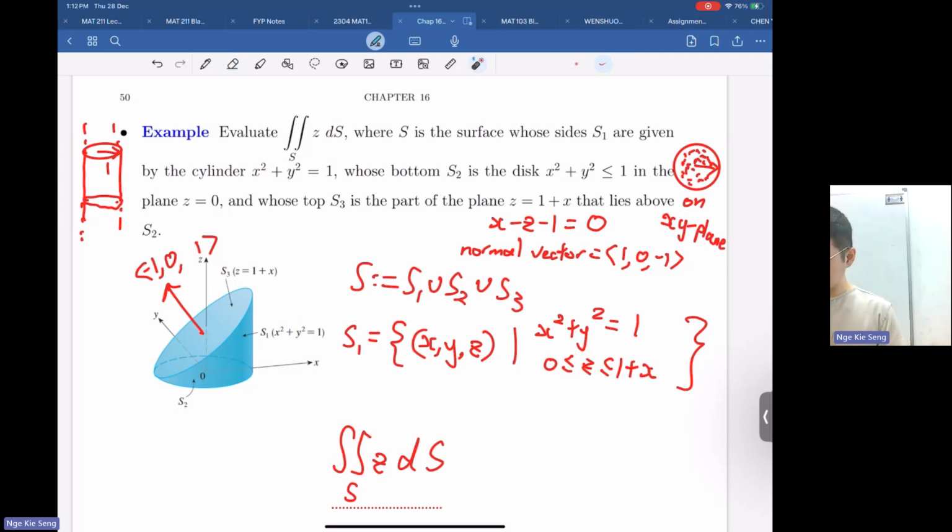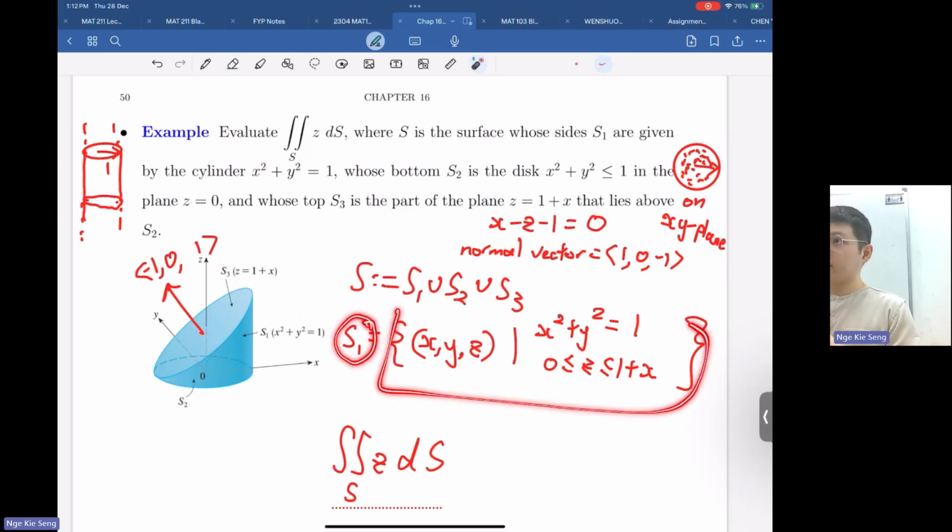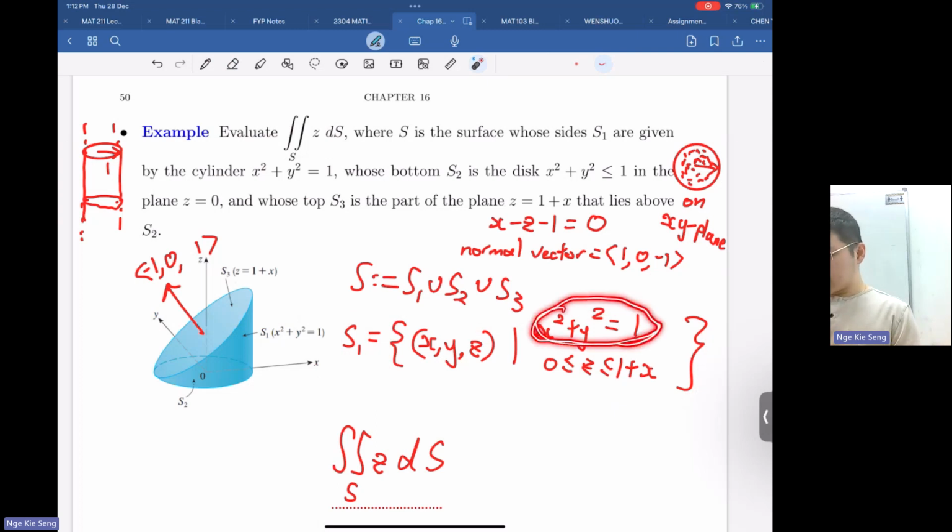So this is what S1 precisely should be. It is part of the cylinder, but z is bounded below by 0 and bounded above by the plane. Make sense?